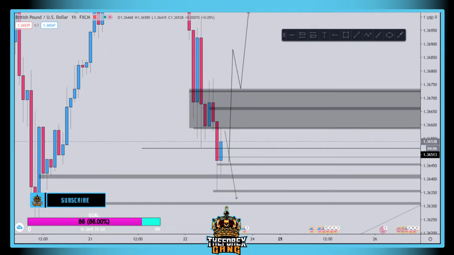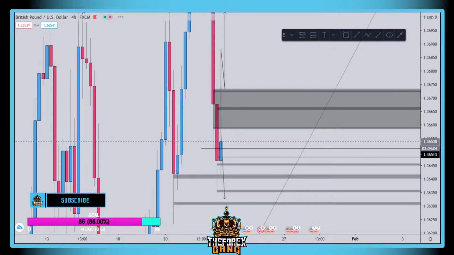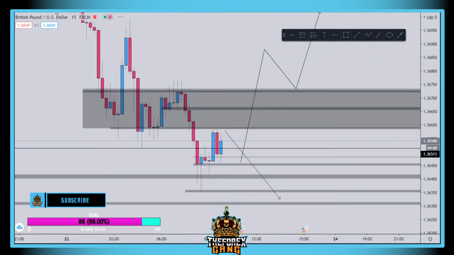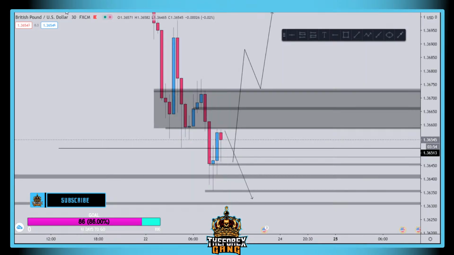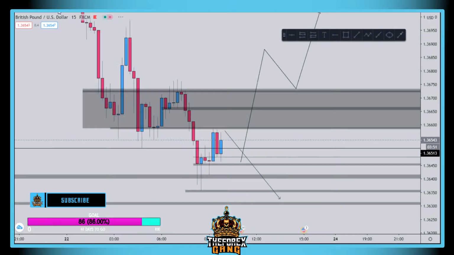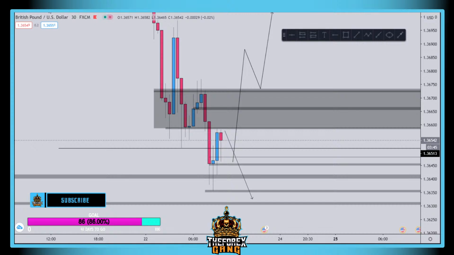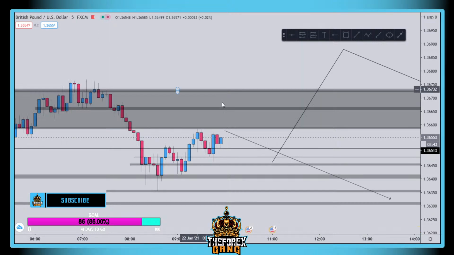The hourly is about to close bullish. The 15 minutes is also closing bullish. I would agree with Farhan here that on the 15 minutes it's making another range to go up.